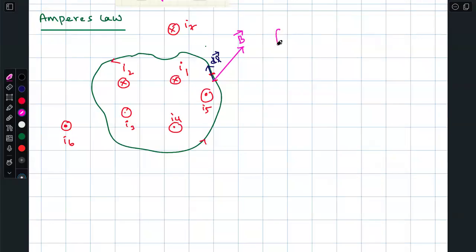Then integral B bar dot DL bar is mu naught times I enclosed.